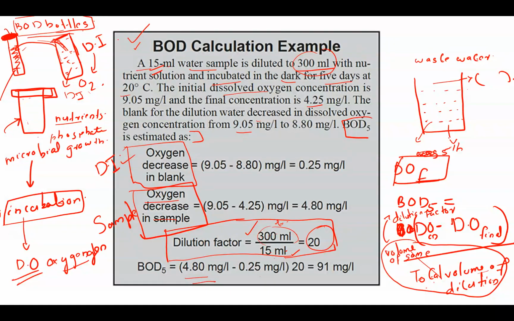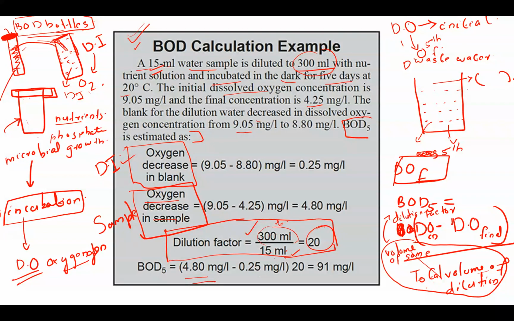So you can do it this way also: you measure DO at the initial time, you make it diluted, you provide 5 days for the microbial growth, then you measure the DO at the final, and you subtract and apply the dilution factor.